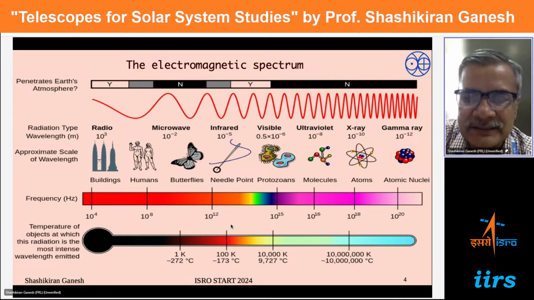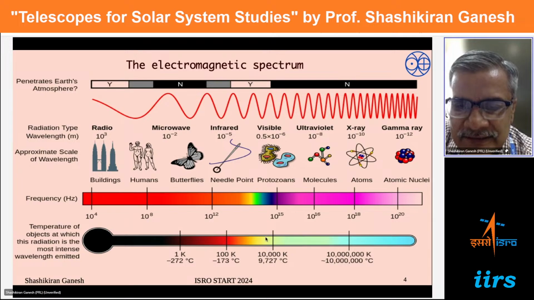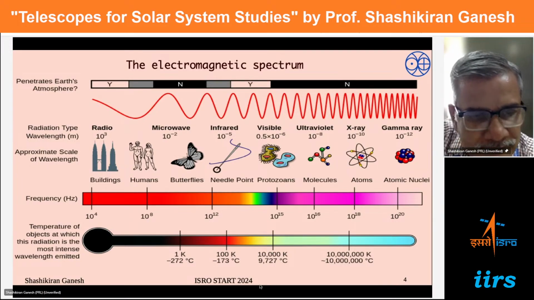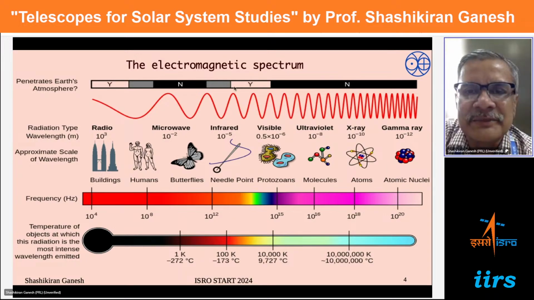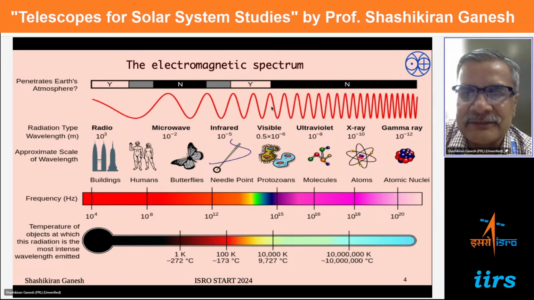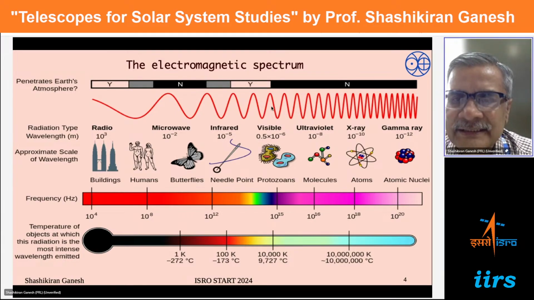Okay, for example, in visible light, sunlight peaks at around yellow-green color, which is around 6,000 degrees Kelvin. So this is typically the kind of electromagnetic spectrum that one can see from the stars and from other objects in the night sky or in the sky basically.